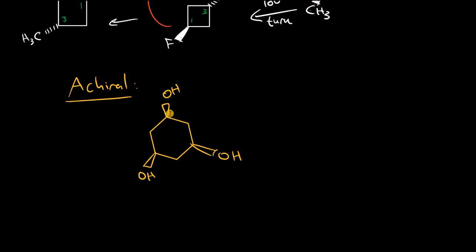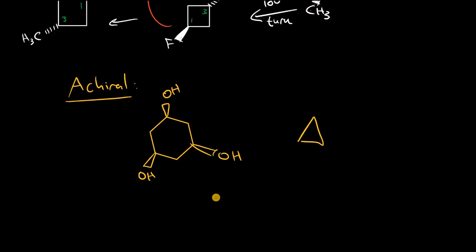So we have an OH, a hydrogen projecting towards the back, and if we go left or right, we encounter a CH2, and then this carbon bound to an oxygen. Same thing here, CH2, carbon bound to an oxygen, and we end up right here at this secondary carbon. If we go either way, left or right, it's the same story with this OH and this OH. So this compound is achiral because it lacks a chiral center.